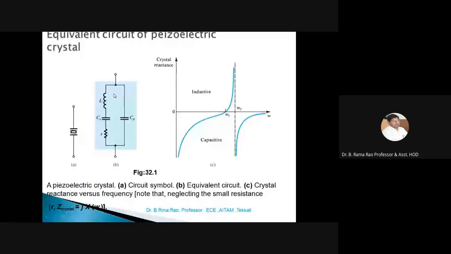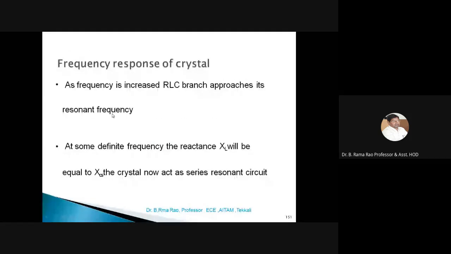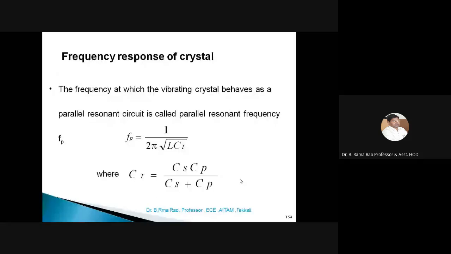This RLC branch has R, which is very small, Cs and L. As the frequency increases, the RLC branch approaches its resonant frequency. At some particular frequency, the reactance XL will be equal to XCs, and the crystal now acts as a series resonant circuit. So this is the frequency response.